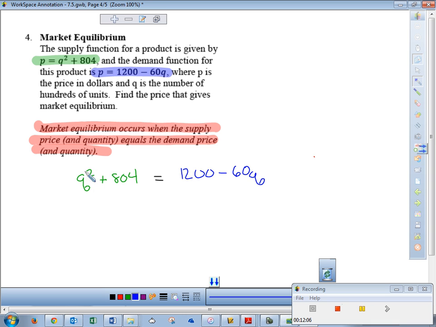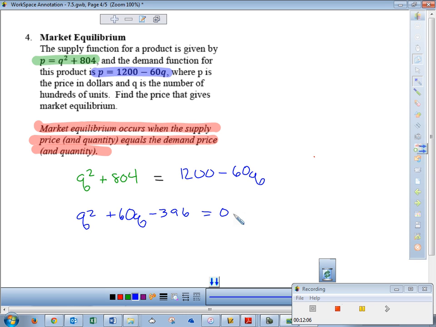So I would like to keep the coefficient in front of Q squared to be a positive one, so I'm going to bring everything over to the left side. I will still have a Q squared, and then I will add 60Q over, and then subtract 1200. 804 minus 1200, you can punch that in, and that will equal 0.